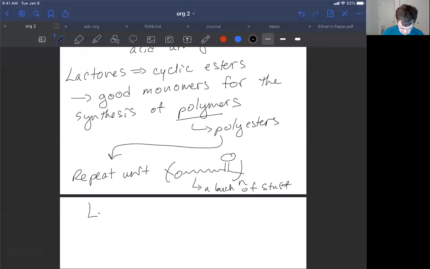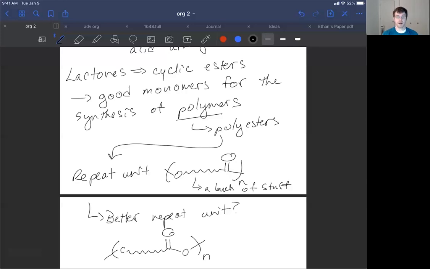Maybe a better repeat unit would be some carboxyl group attached to some carbon atom on the other side, and that's repeated, and then we have a bunch of stuff in here. Perhaps that's a better repeat unit. It's kind of hard because we could have any number of things bridging the carboxyl group and the oxygen atom. Okay, so let's go through a specific example.